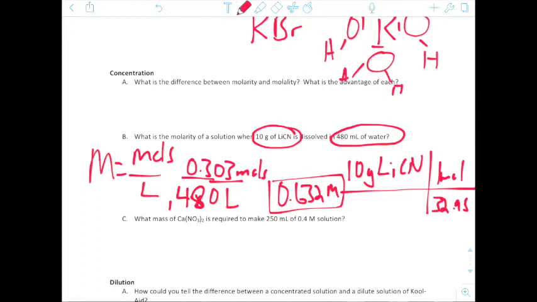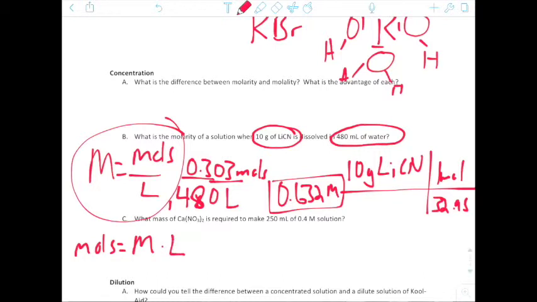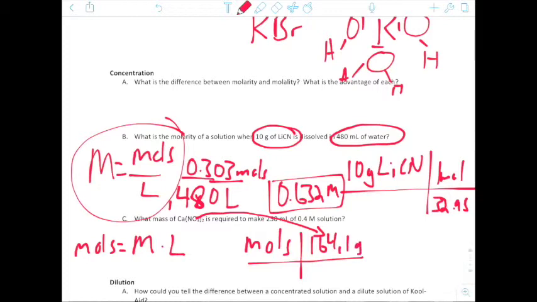We know that if we take this equation and solve for moles, moles equals our molarity times liters, and then all you have to do is take your moles and multiply by the molar mass of our calcium nitrate, which is 164.1 grams in 1 mole.